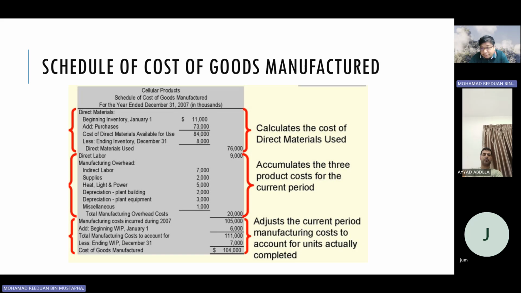So now we need to find the cost of goods manufactured, which means this material that is not used, we need to deduct, less 8,000. Then the total of the direct material used is 76,000. So you need to add the current purchases, but you need to minus the balance. Where does this 8,000 go? They will record it on the balance sheet, or the statement of financial position, under current assets as stock of material.